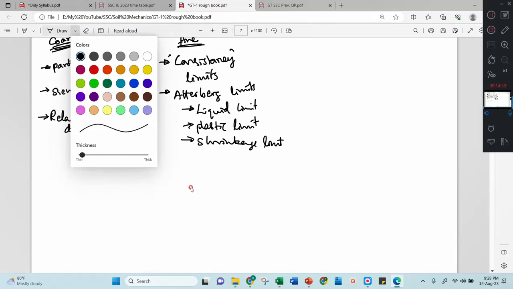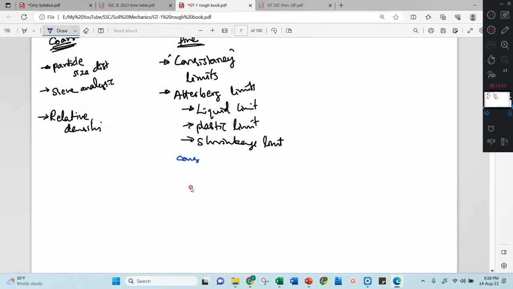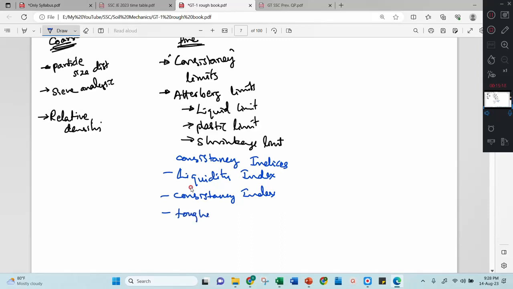Then we have some indices, called consistency indices, like liquidity index, consistency index, toughness index, plasticity index, and shrinkage index.